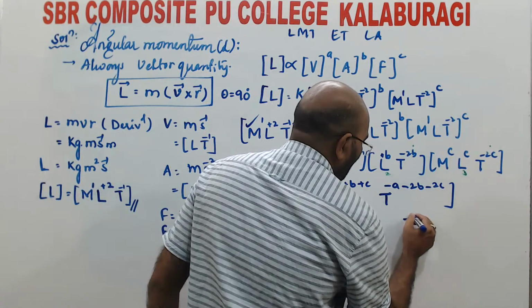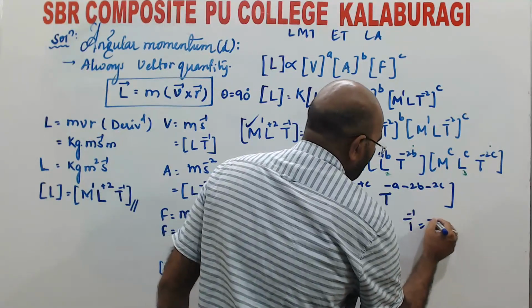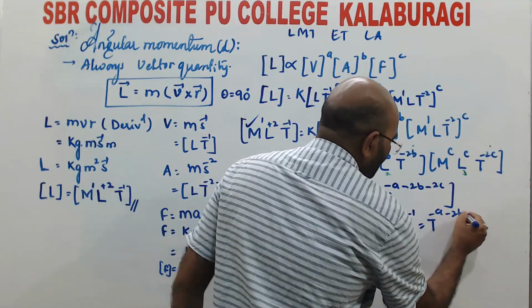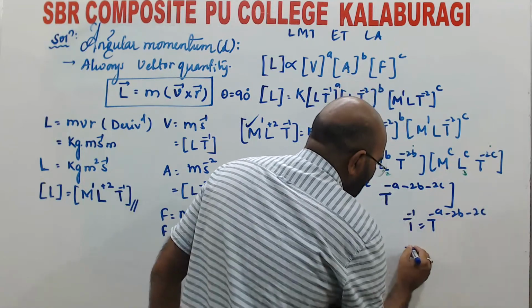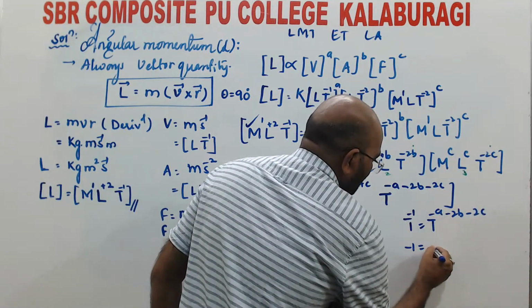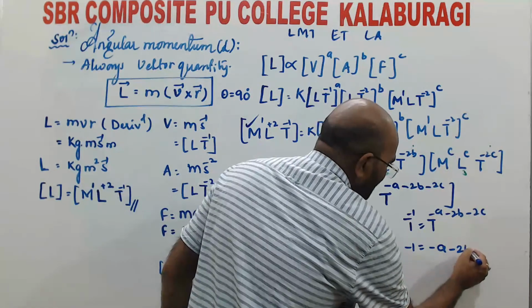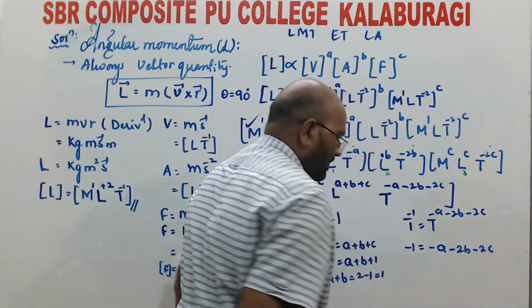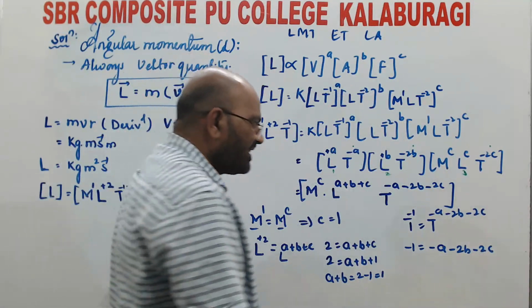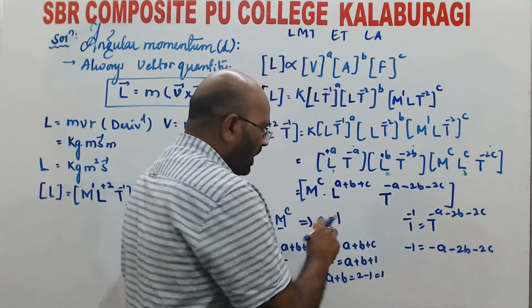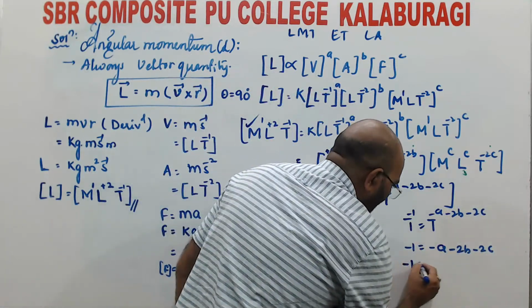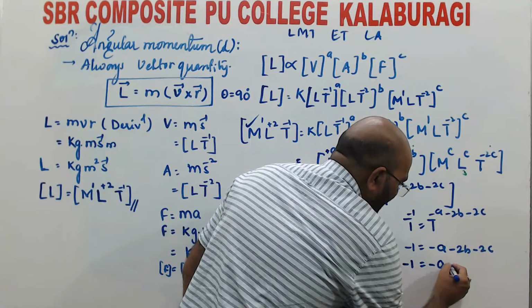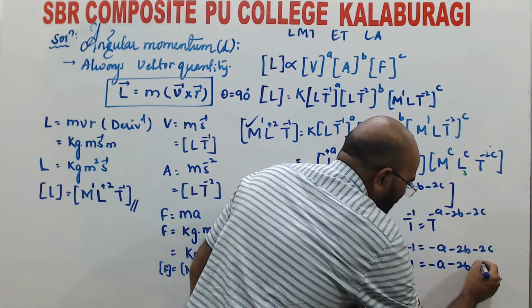This is T to the power minus 1 is equal to T to the power minus a minus 2b minus 2c. So minus 1 is equal to minus a minus 2b minus 2c. What is the value of c? 1. Substitute: minus 1 is equal to minus a minus 2b minus 2.